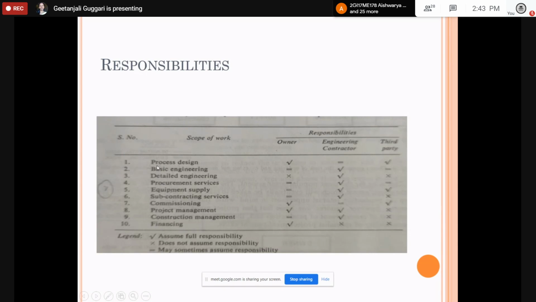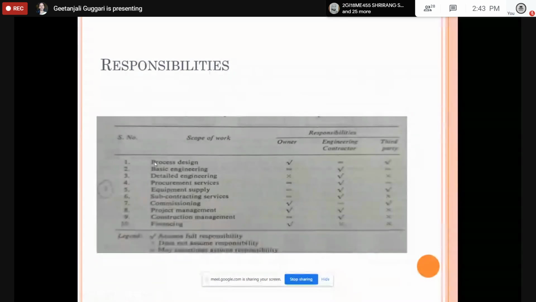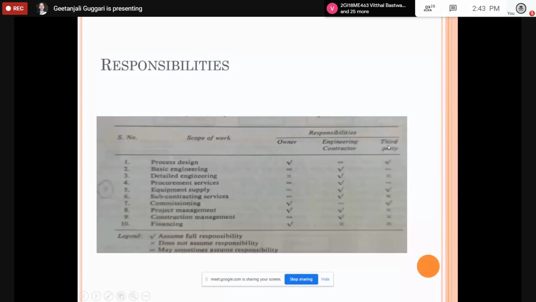So these are the set of activities you need to carry out in your project which you are going to start. For that, you need to clearly mention which task, who is responsible, whether the owner is responsible or an engineering contractor is responsible, or you are giving the contract again for the third party who is responsible.